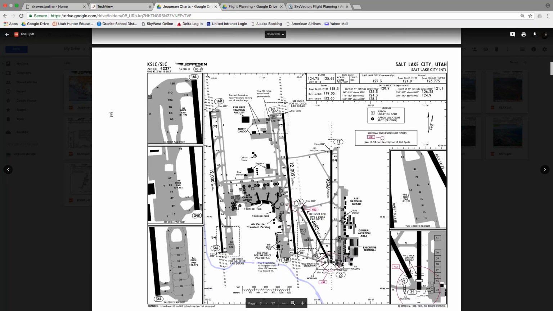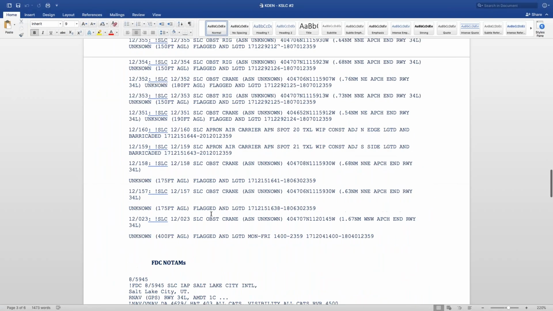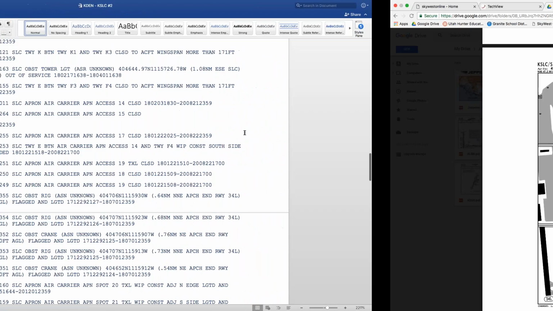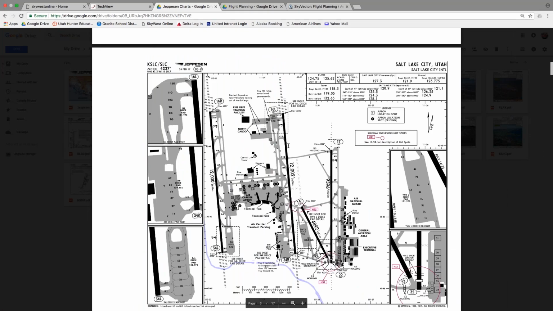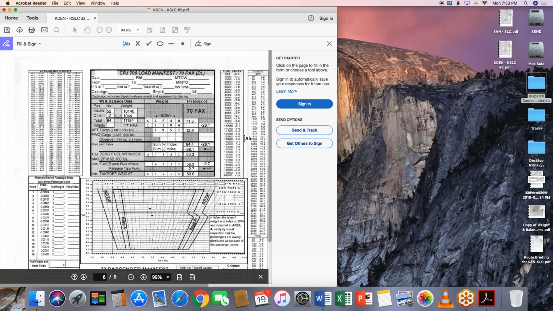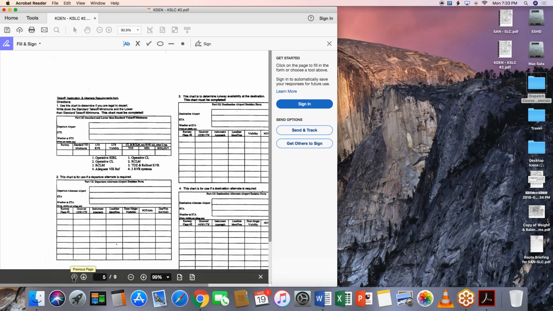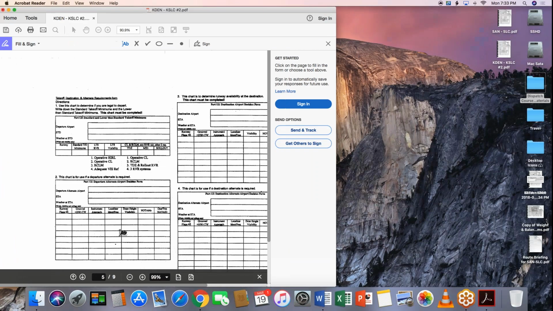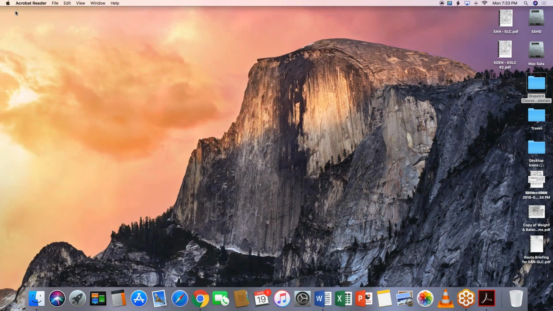And we verified, are there any NOTAMs? No. Okay, for the appropriate runway that you chose, what do we have to do with that information? You would have to look at your ILS charts for that runway and determine if you can land based off of your minimums. So we're going to use this form.